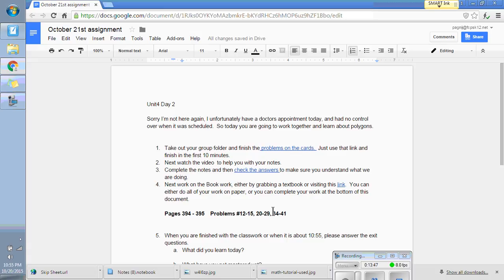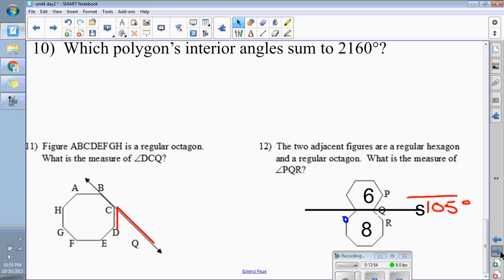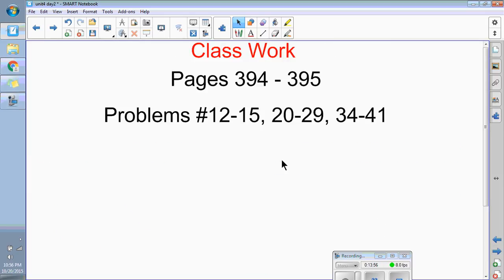When you're finished with that, you're going to work on the classwork, which back here is right there, page 394 to 395. You're looking at those problems right there. You can either grab yourself a textbook and start working on those problems. You want to complete them in class, and if you want to do it on paper, you can do that and turn it in.